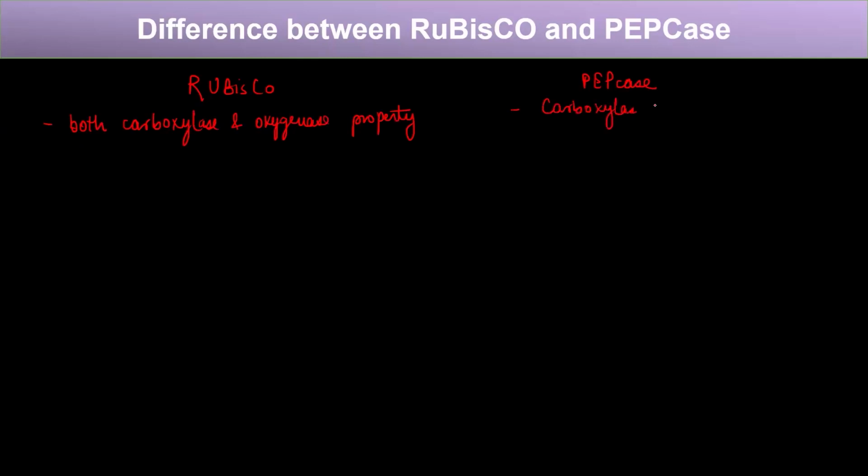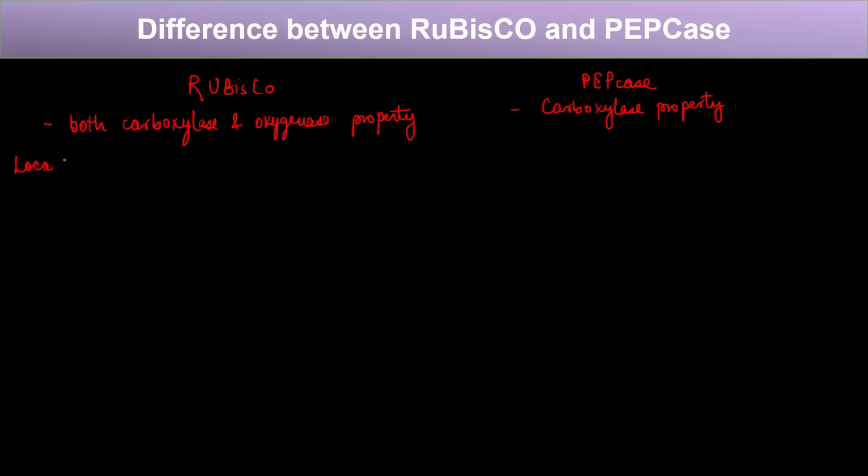Rubisco has both carboxylase and oxygenase property, while PEPcase has only carboxylase property.